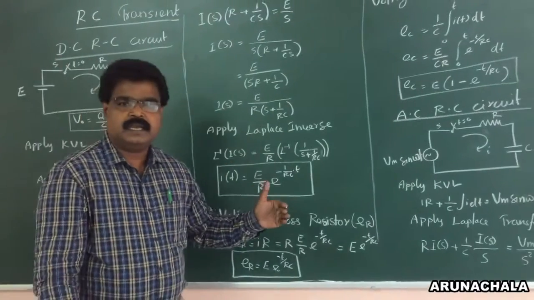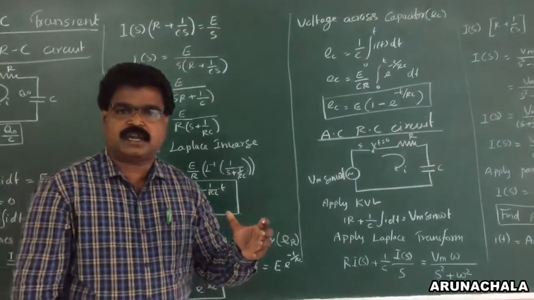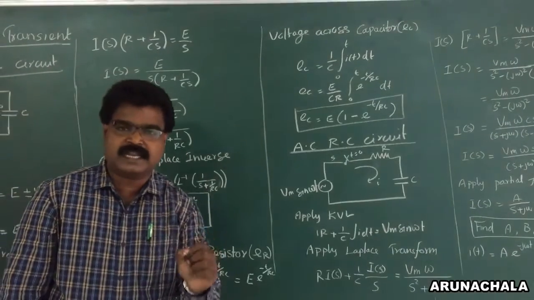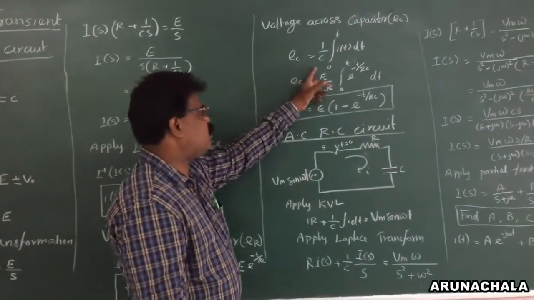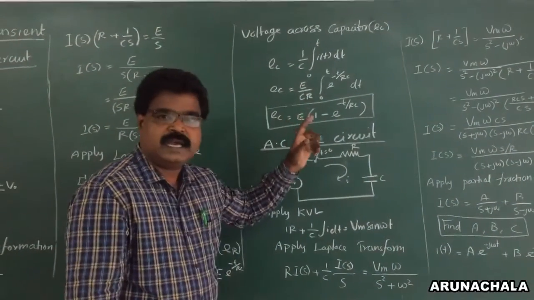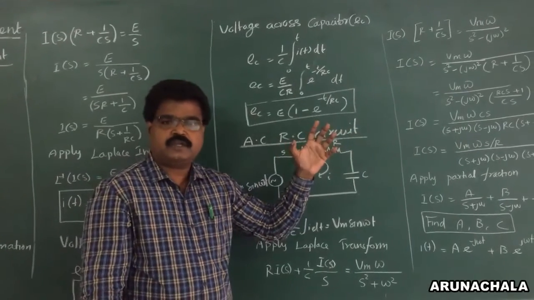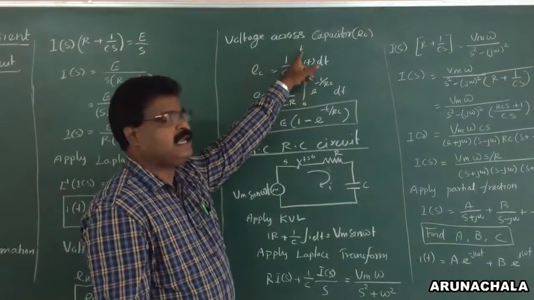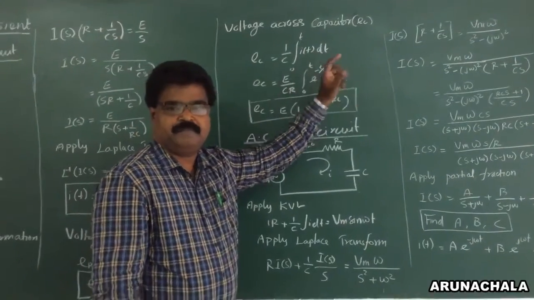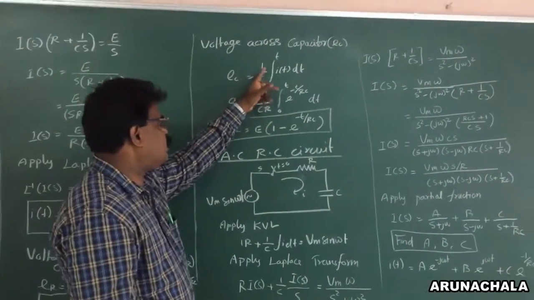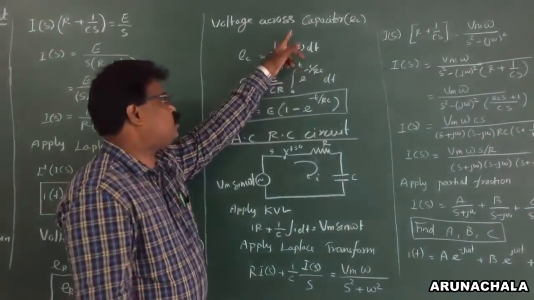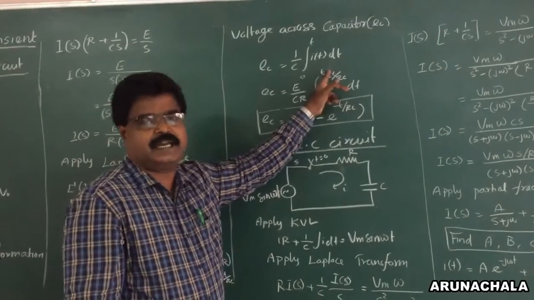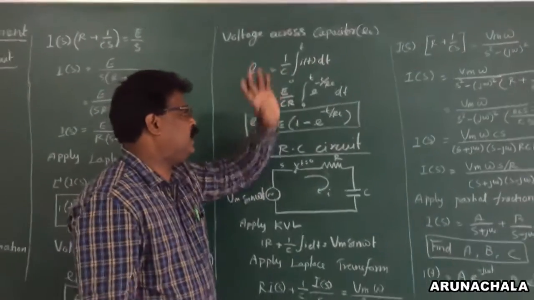Similarly, we have to find the voltage across the capacitor at transient. That is EC. EC is equal to 1 by C integral I dt. To derive this, you have to use the limit 0 to t, I of t into dt. Here I is nothing but the transient current, so we are using I of t into dt.